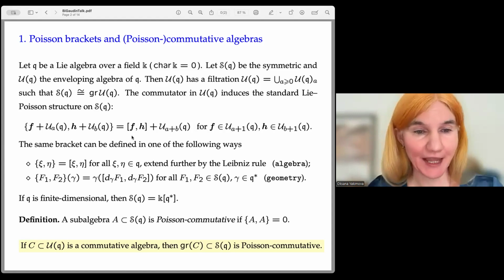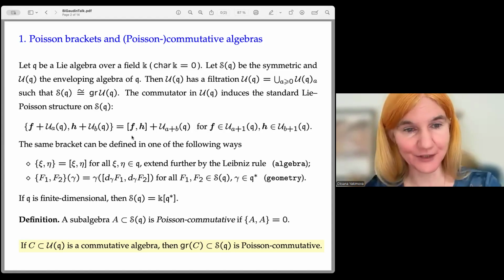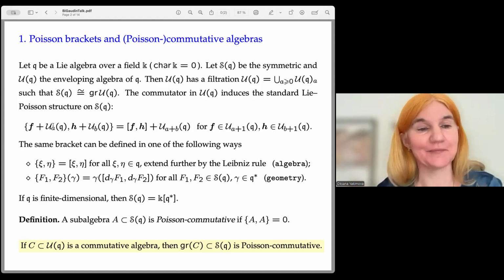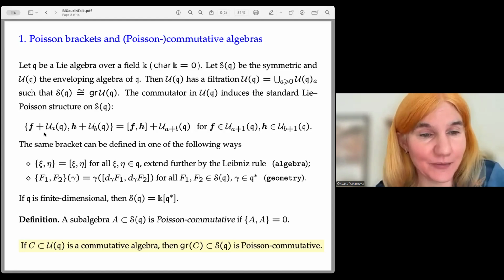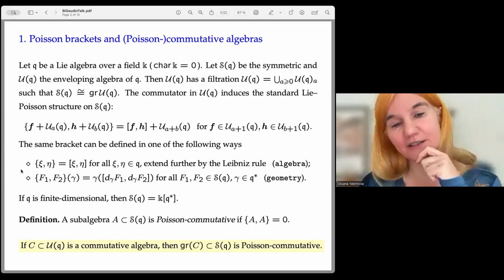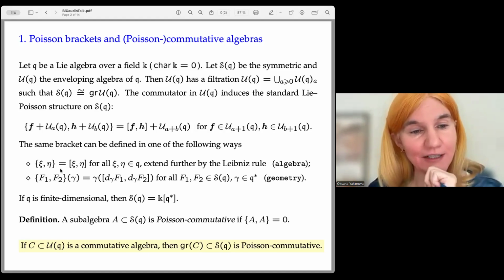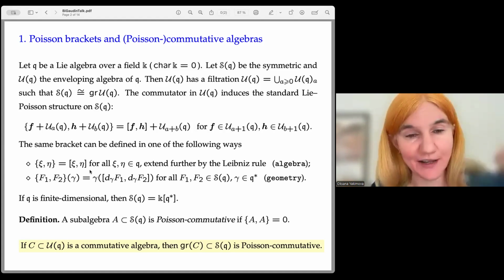And from this, we can obtain a Poisson bracket on the symmetric algebra, just by taking the commutator on the right-hand side, and this will be a Poisson bracket between the cosets. It can be defined also for a Lie algebra as just the commutator, and we extend it by the Leibniz rule to the whole symmetric algebra.